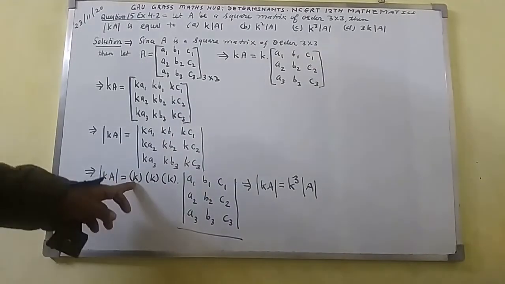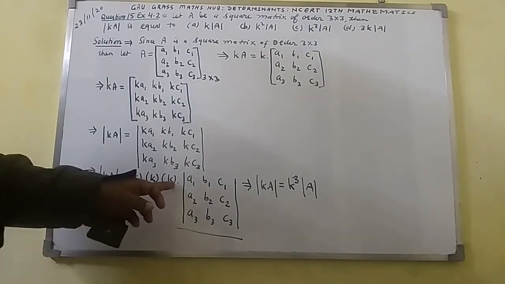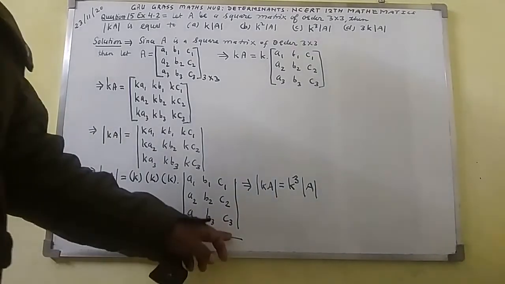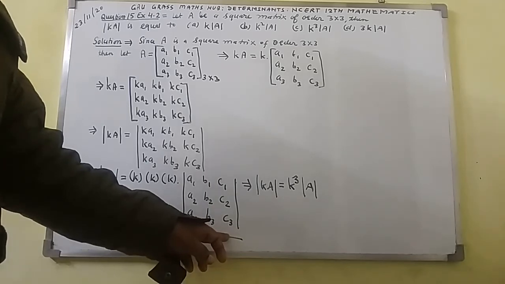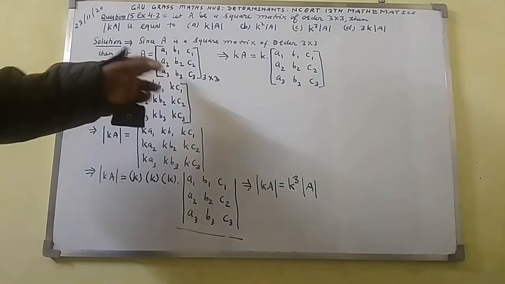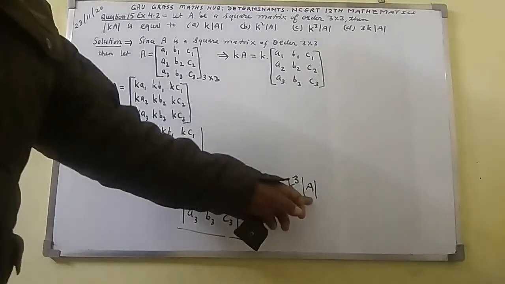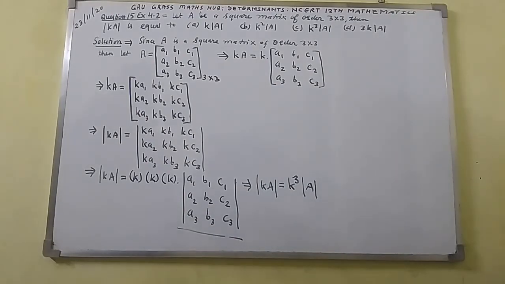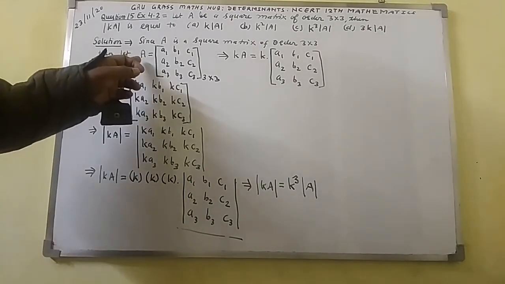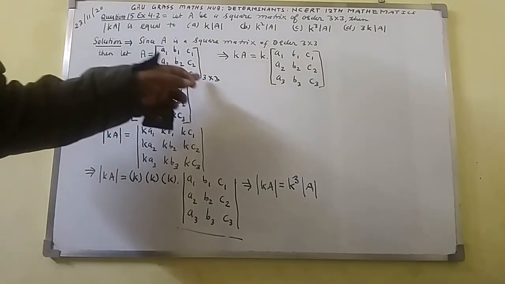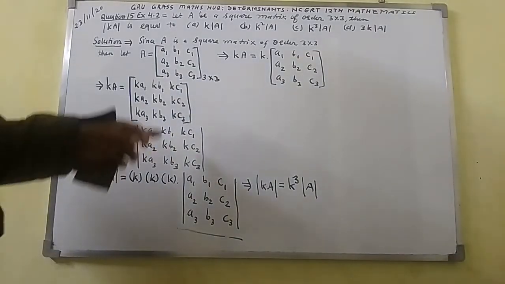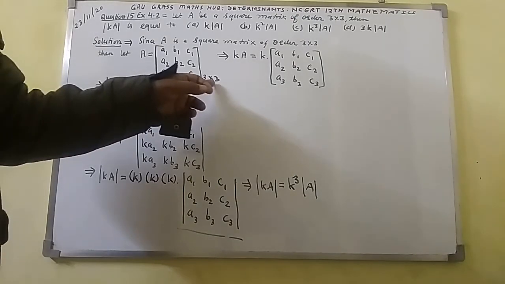Because k multiplied by k square multiplied by k gives k cube, and this whole thing comes out to be det A. Since the matrix A is of order 3 cross 3, det A is the determinant of the square matrix.